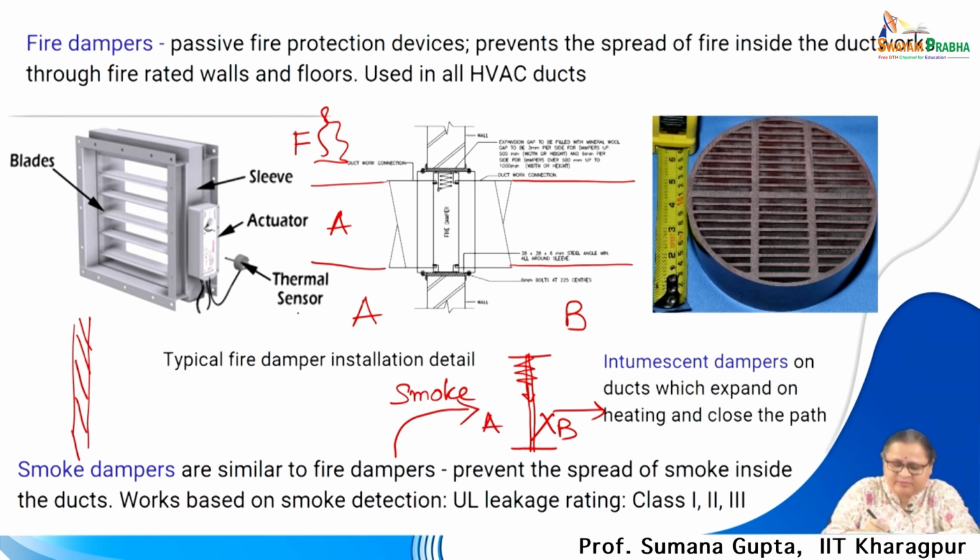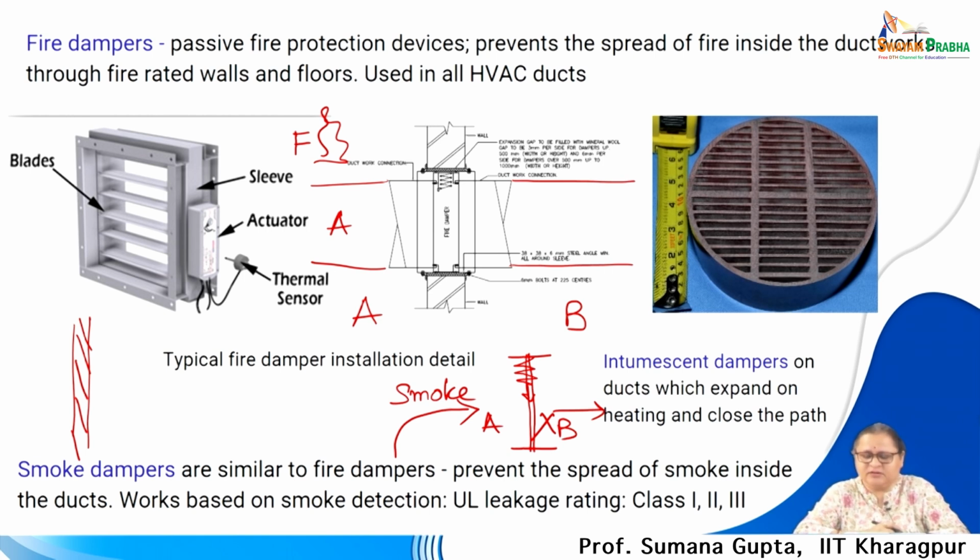There is a thermal sensor, an actuator, and the sleeve holding the whole set of blades. Within an air conditioning duct, these are to be kept at intermittent locations, so that spaces do not get contaminated by toxic gas, smoke or fire from one compartment to the other.